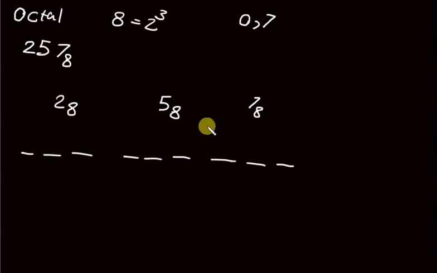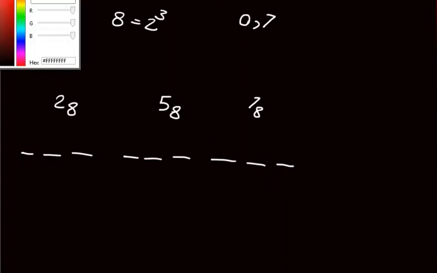What we do is convert each one of these numbers, which are 7, 5, and 2, into their binary numbers, and then we put all of these together. If we want to convert 7 to binary, first let's put the values for each one of these.